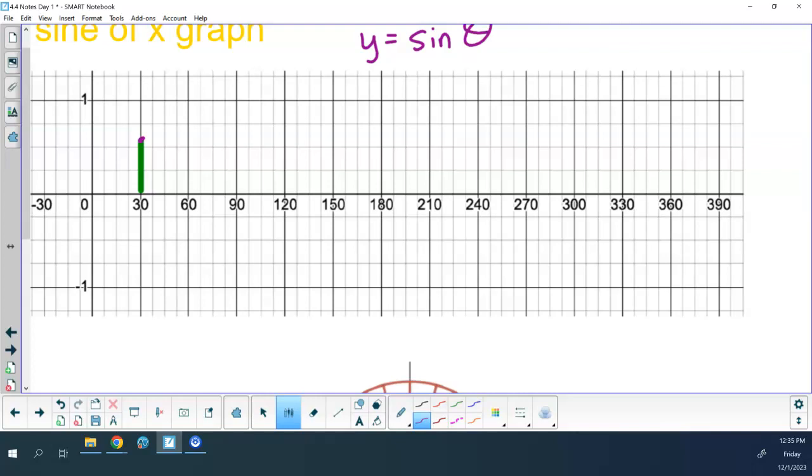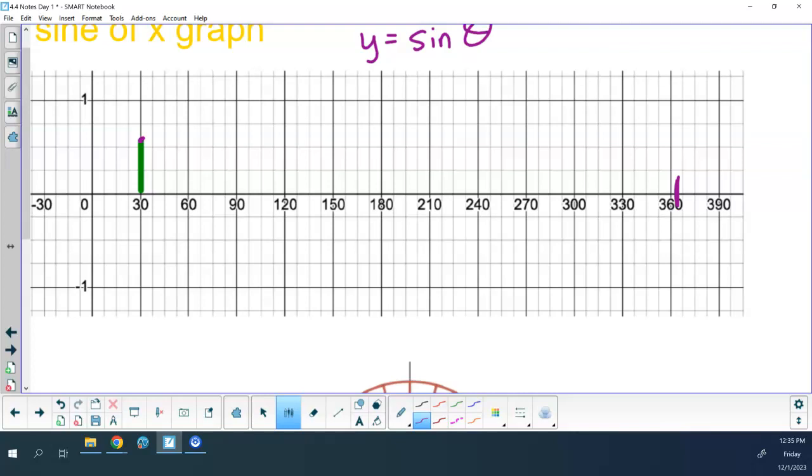With me? So we're measuring vertically. And you're going to need to go all the way out here to 360 degrees. We'll stop at 360 degrees because that's all the way around your circle. With me? Go.